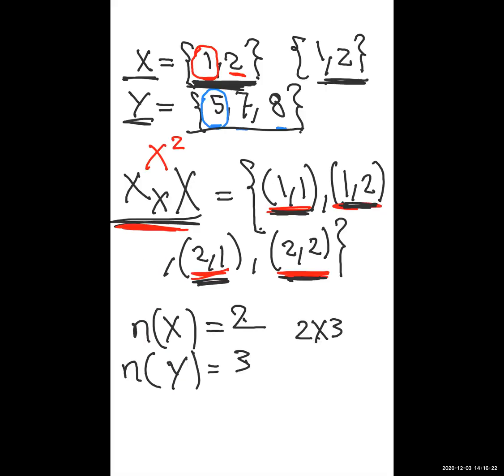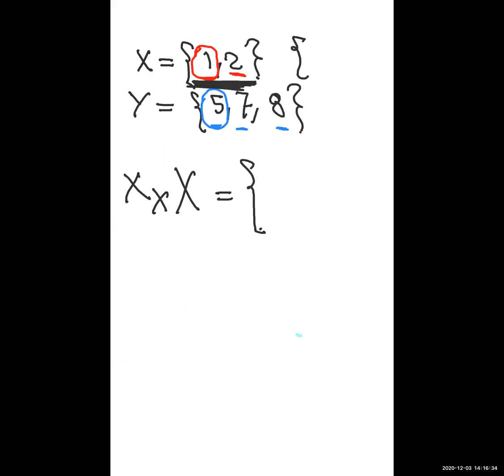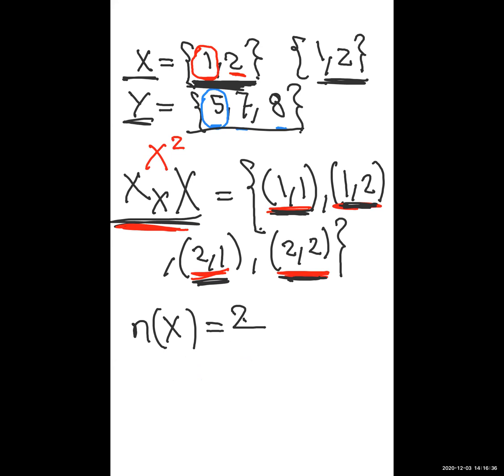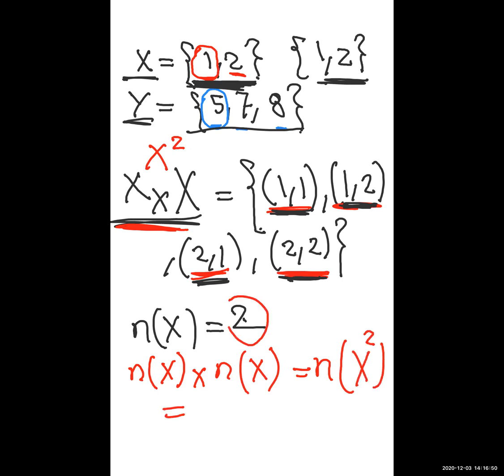So X cross X means X squared, or Y cross Y means Y squared. Number of elements of X equals 2, so the number of elements of X squared equals 2 times 2, which will equal 4.